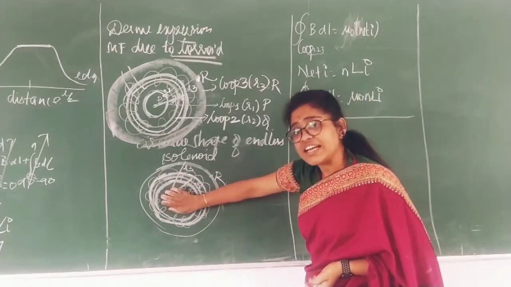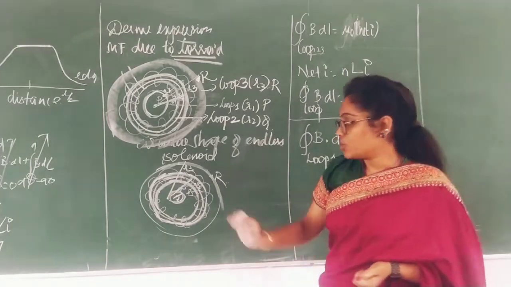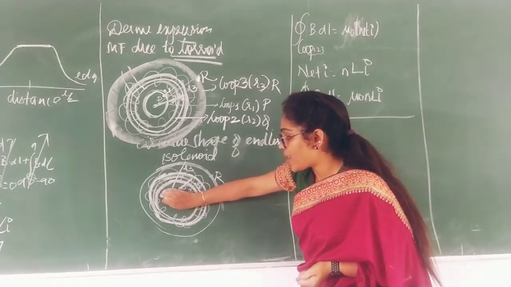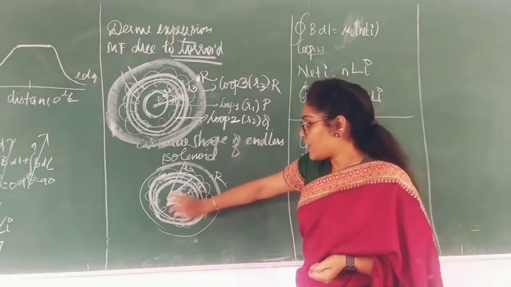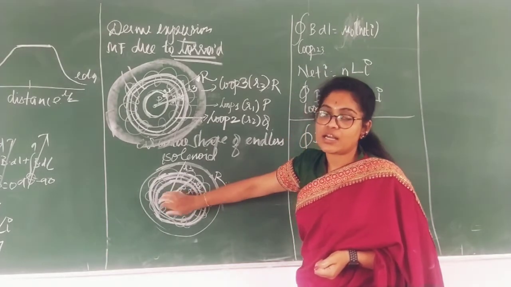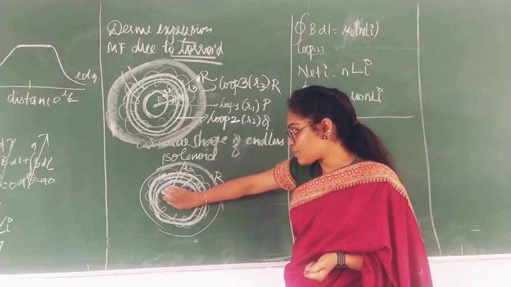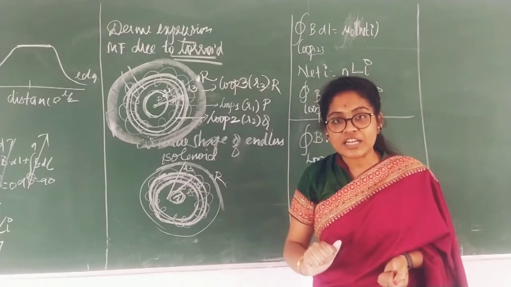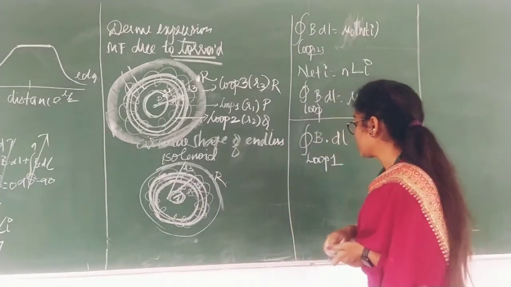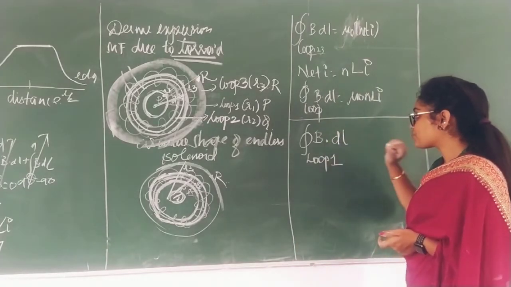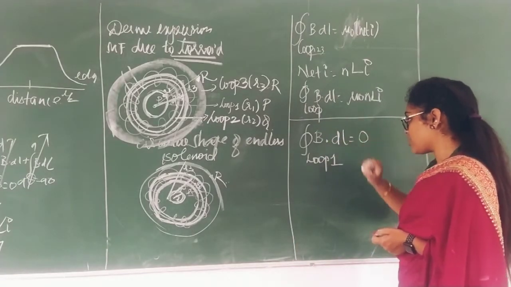Inside, is any current passing? No. Inside loop 1, no current is passing. If no current is passing here, how could the magnetic field exist? That is my point. So B dot dl becomes 0.